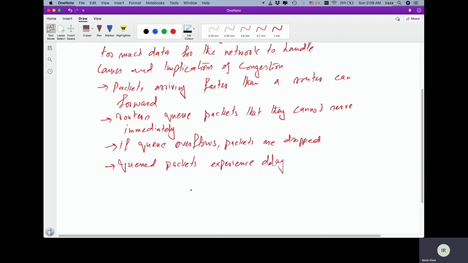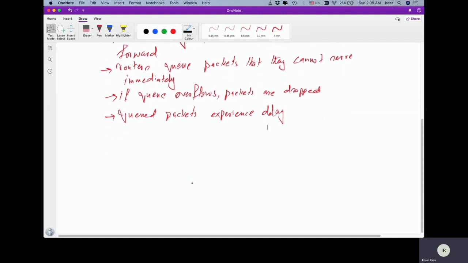So what's the consequence of having congestion? Why are we really interested in discussing congestion control mechanisms? For that, we need to understand the consequences of congestion. So the next thing that we want to discuss is the consequences of congestion.